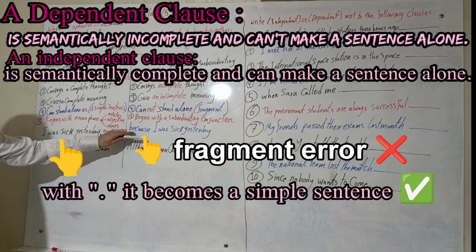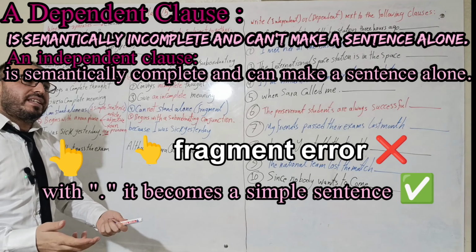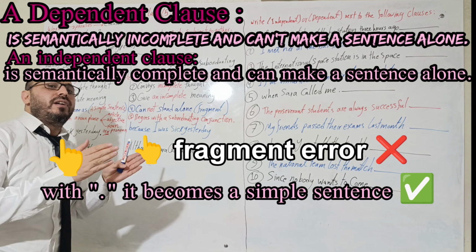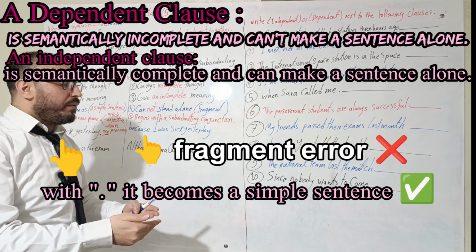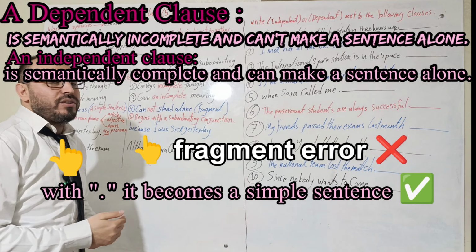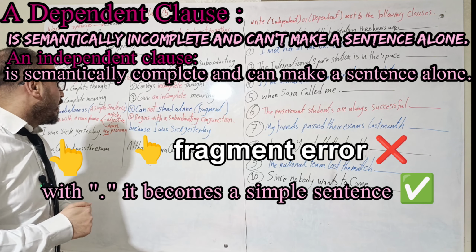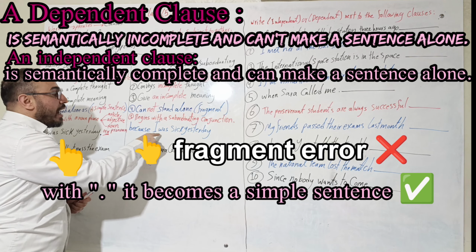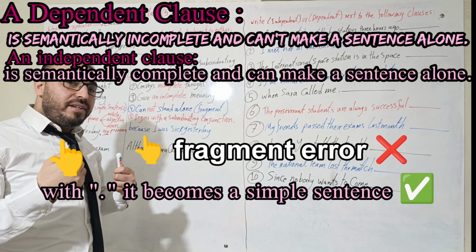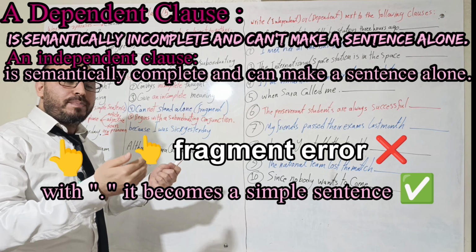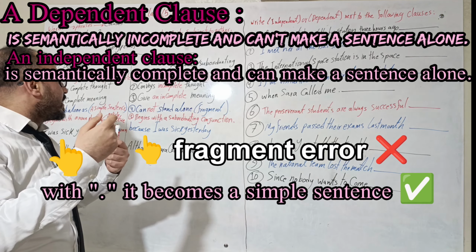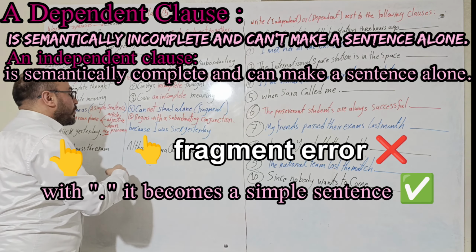But if someone tells me because I was sick yesterday, and this speaker doesn't give me more information, I will still be waiting for him to continue, because I was sick yesterday is incomplete. The listener expects the speaker to carry on and give extra explanation for the situation.